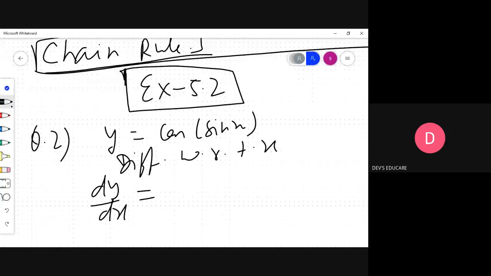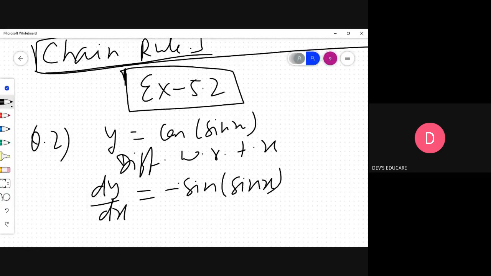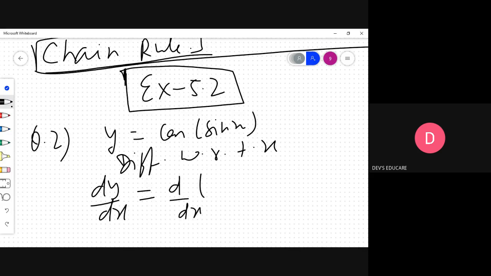So we will take minus sine of sin x, but since we have taken sin x in place of x, we have to multiply by the derivative of sin x as well. Let me elaborate it so that you can easily understand. First we have to find dy by dx, the derivative of cos of sin x.